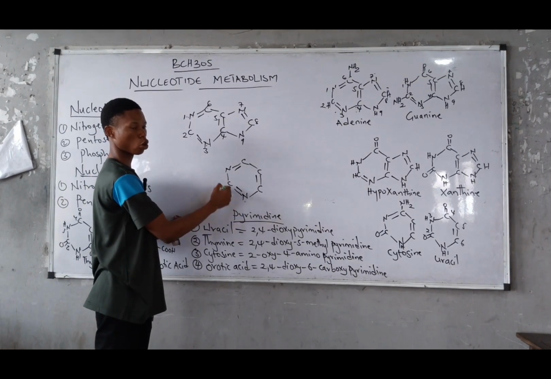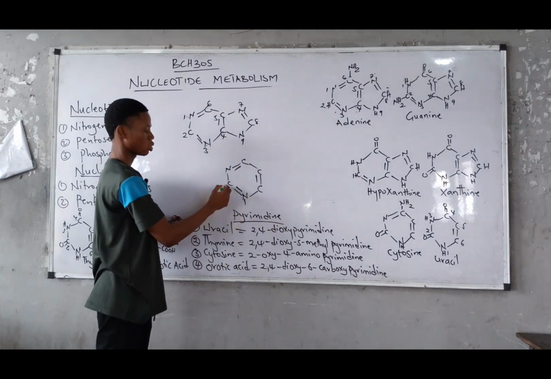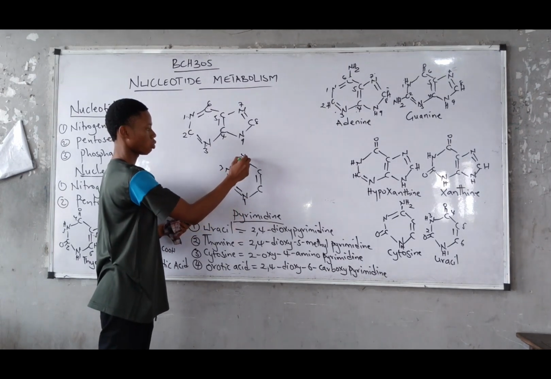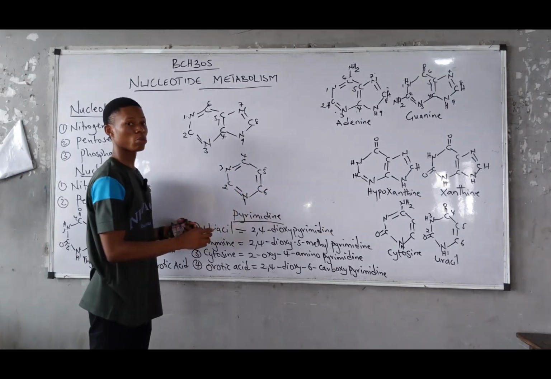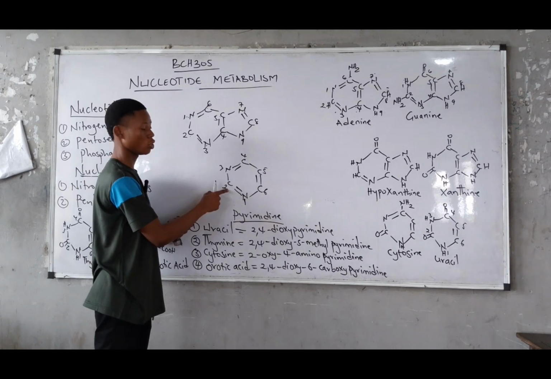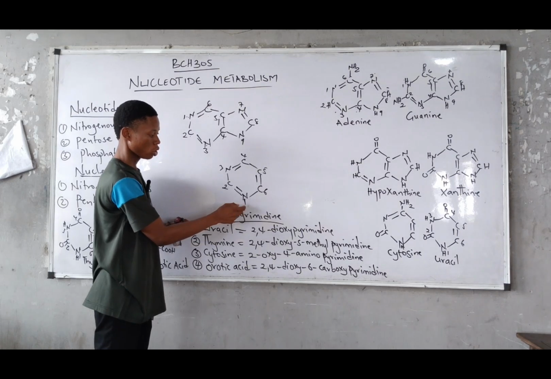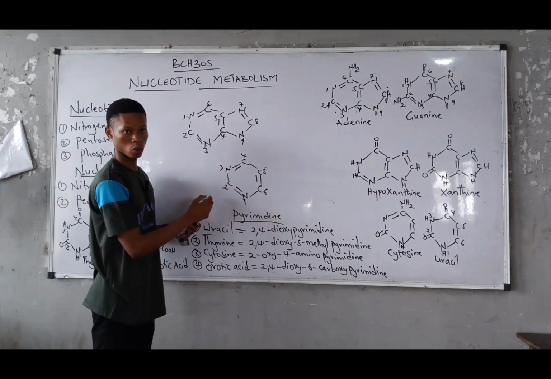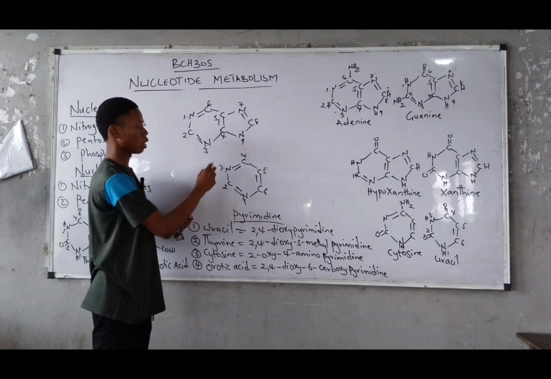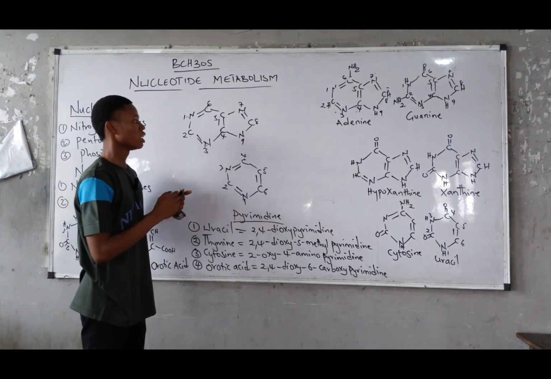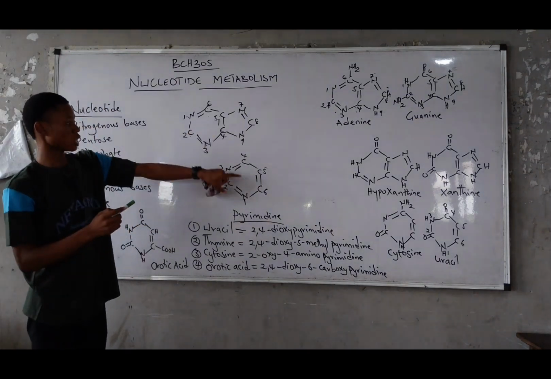And I'm going clockwise. So 1, 2, 3, 4, 5, 6. These numberings are constant. Anywhere you start from other than this place, you are wrong. Now, this is our purine. This is our pyrimidine.